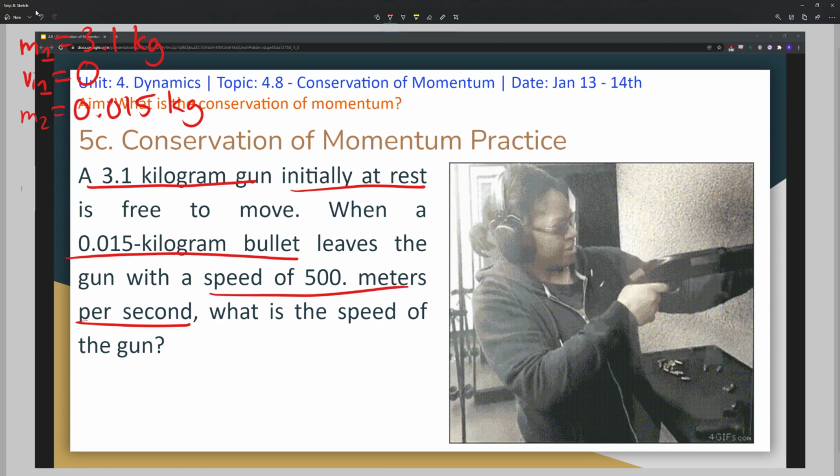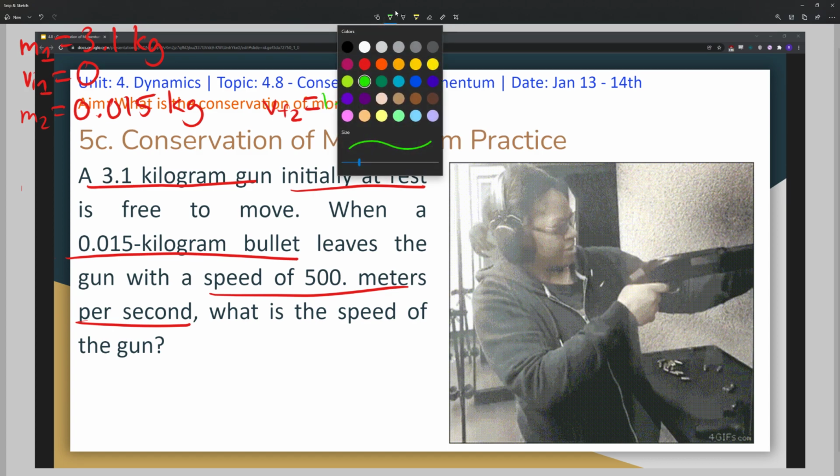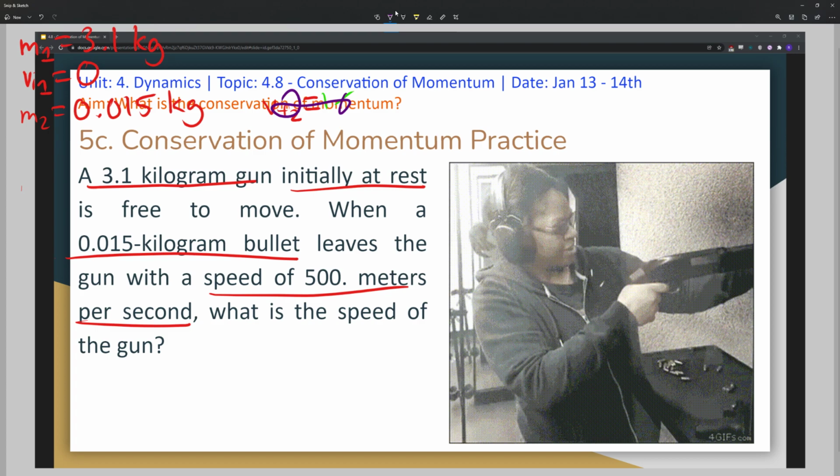So we can say that the final velocity of object 2, we'll put it up here, can I use a different color? A color that does not blend in. That's good. So the final velocity of object 2 is 500 meters per second.